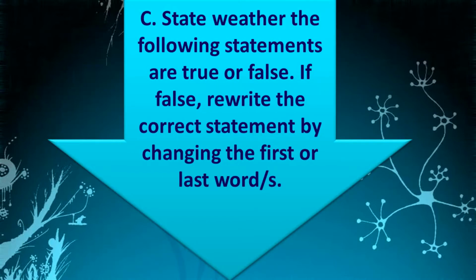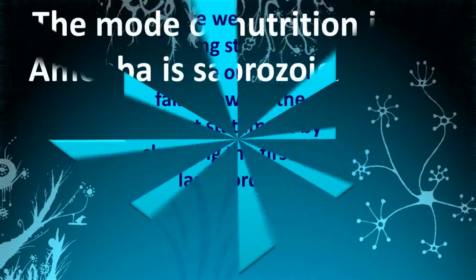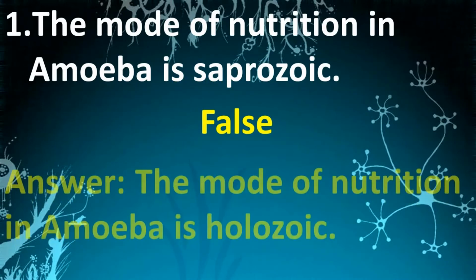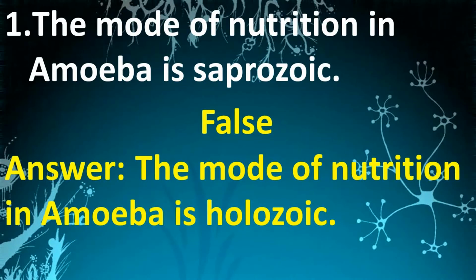If false, rewrite the correct statement by changing the first or last words. The mode of nutrition in amoeba is saprozoic. Answer is false. Correct statement is the mode of nutrition in amoeba is holozoic.